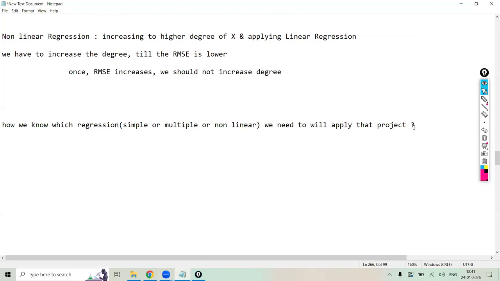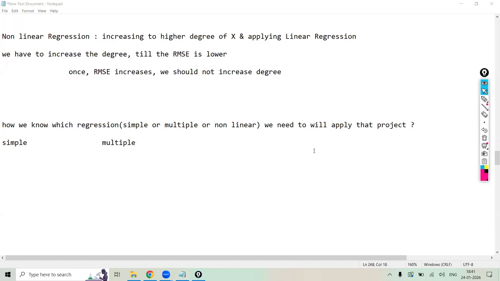Guys, others please answer this question from Srikanth. Yeah. First, out of these three, you have to decide simple or multiple first. How to decide simple or multiple, guys?